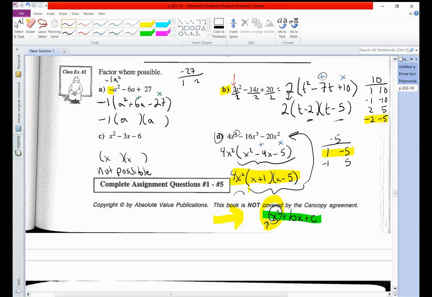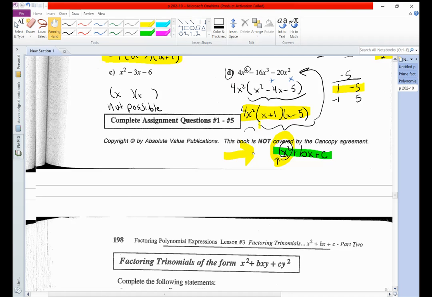Well, it's going to be 1, -27, -1, 27. 2 doesn't go into there, but 3, -9 works, and -3, 9. Do either of those add to positive 6? Yeah, right here. -3 plus 9 gives us positive 6. So that's our answer. A minus 3, A plus 9. So the trick there is we had to factor out that -1 first, but it stays with us.